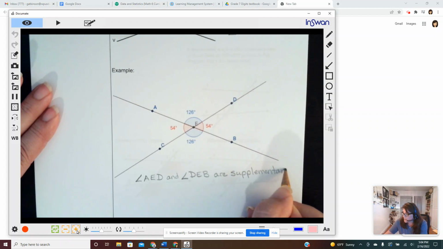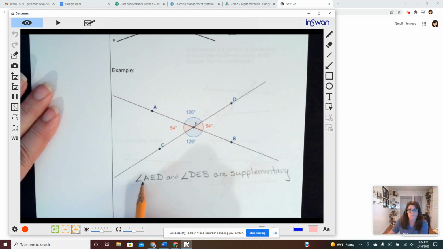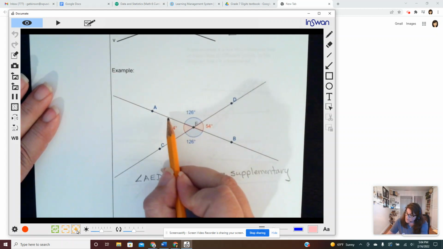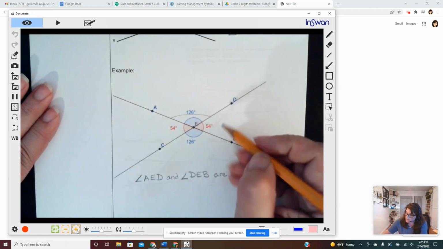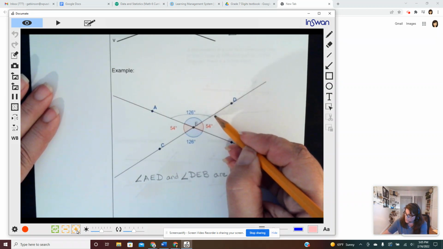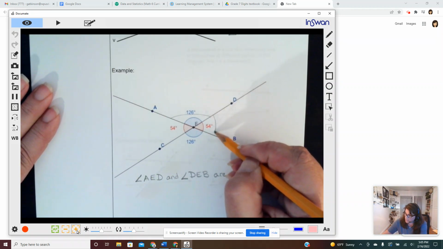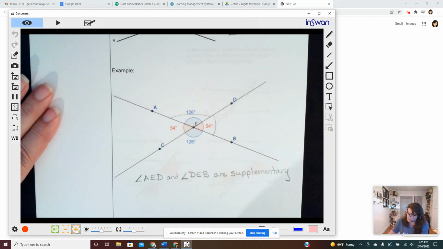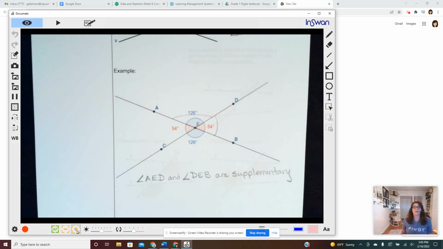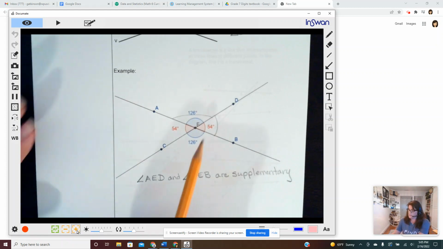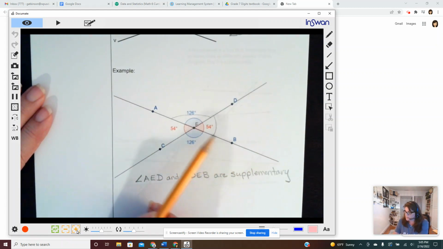And you are going to write some sentences like this. That means that this angle, AED, the 126, and angle DEB, the 54, together they make 180 degrees, a straight line.